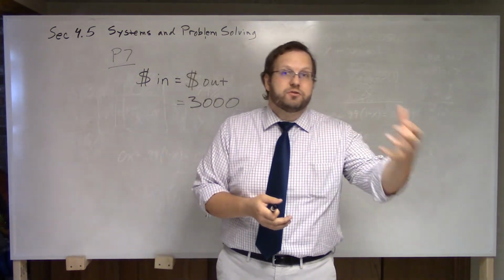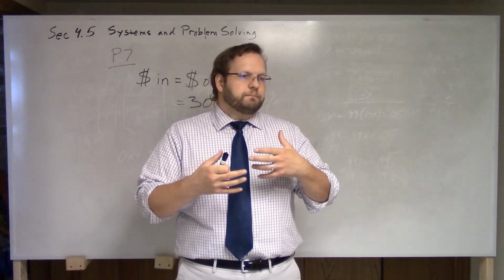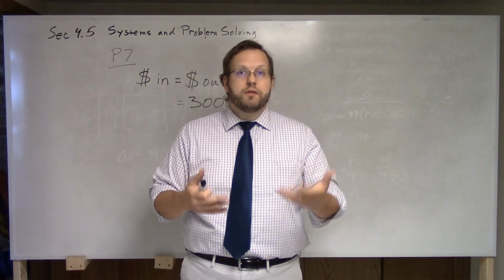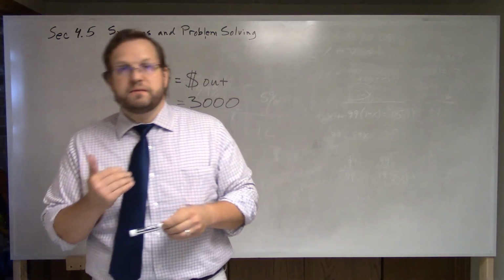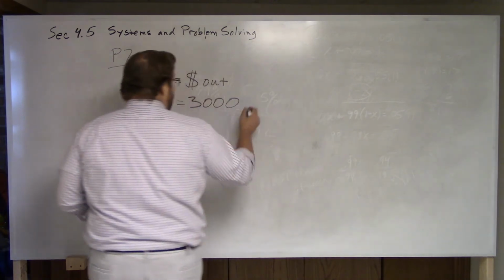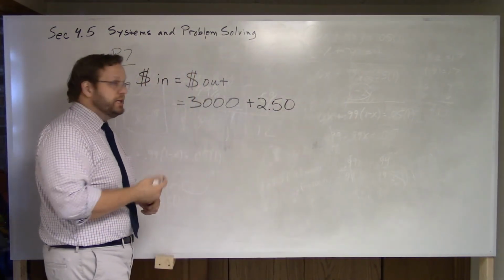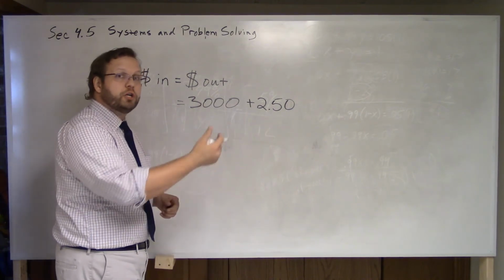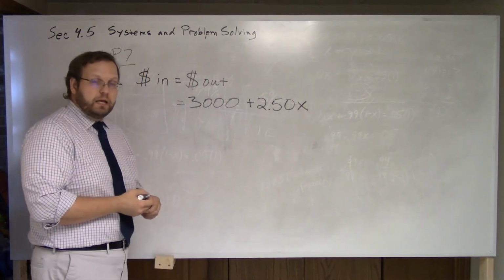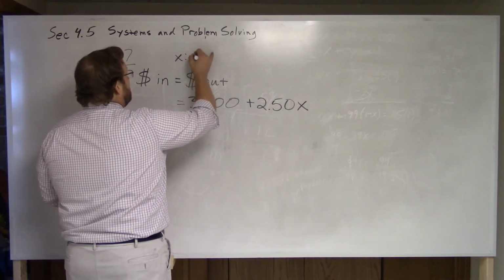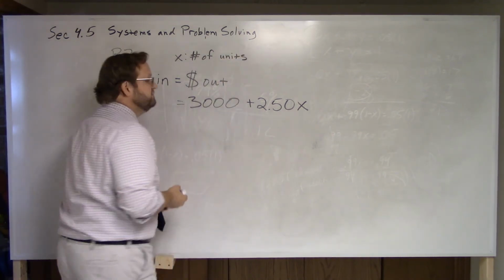I need to pay for the electricity, the labor cost, all that stuff. So to produce one of these, it's going to cost me $2.50. However, it's not just a flat $2.50. It's $2.50 per unit. So I'm going to multiply that by x. And x is the number of units.